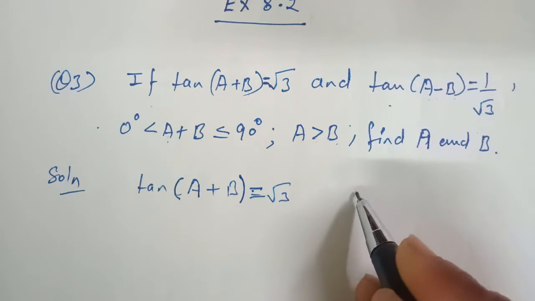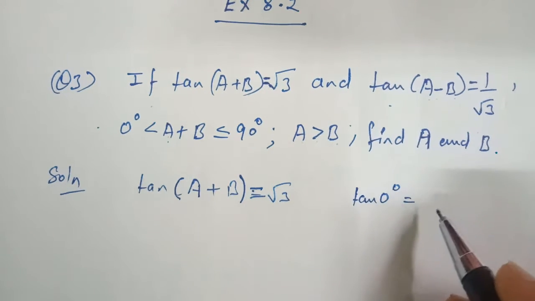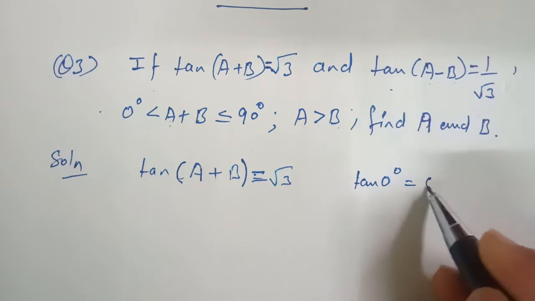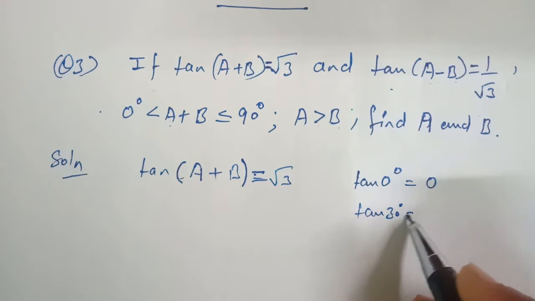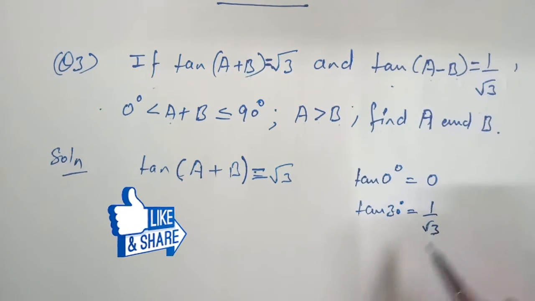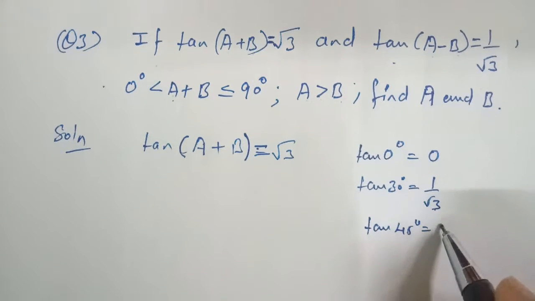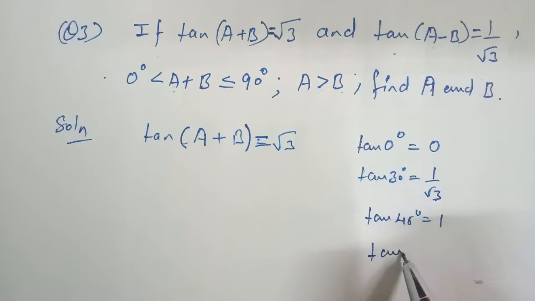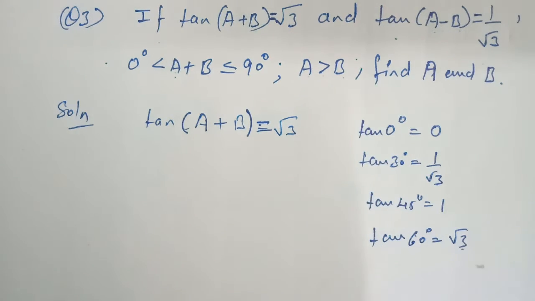We have learned that tan 0 degree is equal to 0, tan 30 degree is equal to 1 upon root 3, tan 45 degree is equal to 1, and tan 60 degree is equal to root 3.